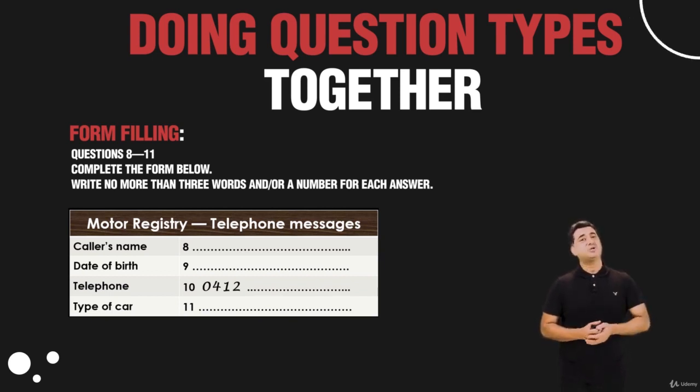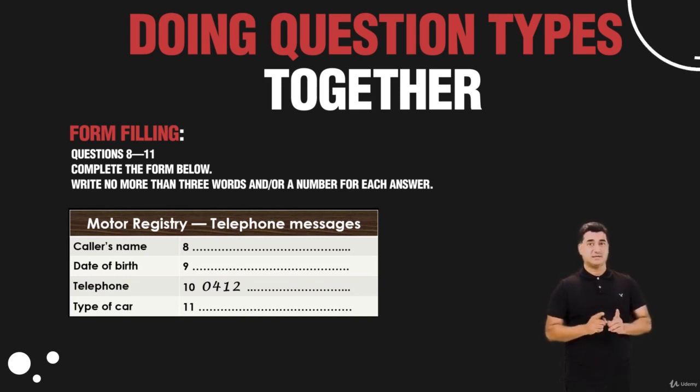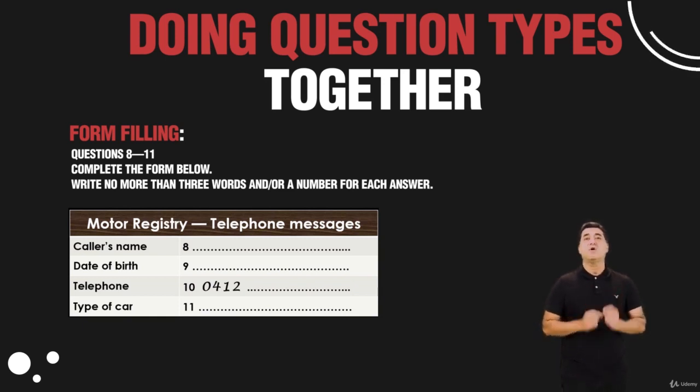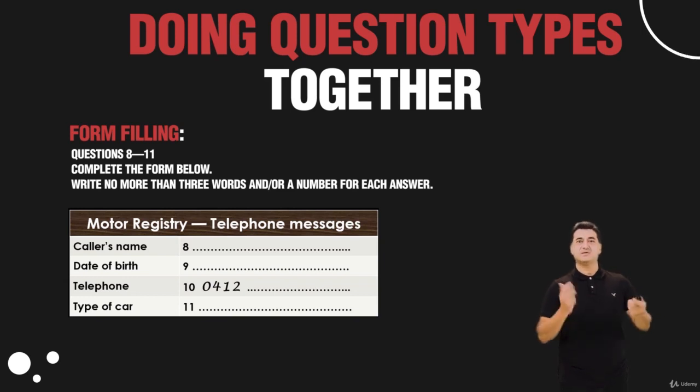And question number 10, which is the telephone, already has 0412. So please note that 0412 will not be part of the answer. Whatever is written on the question booklet will not be transferred onto the answer sheet. So let us start doing it. Let's play it and find out. We are looking for caller's name, date of birth, telephone, and type of car. So let's start.